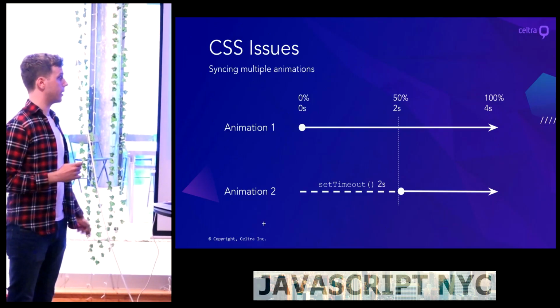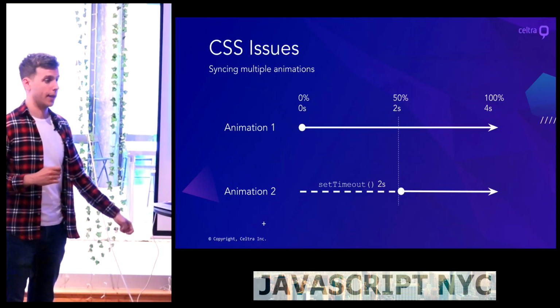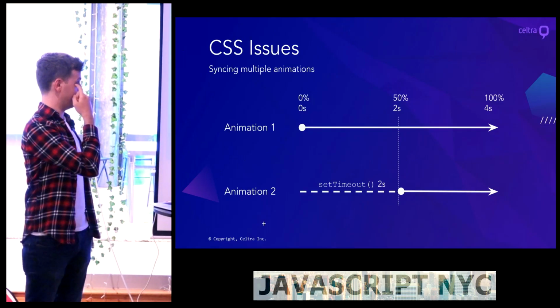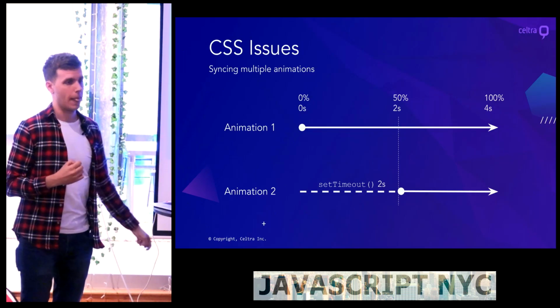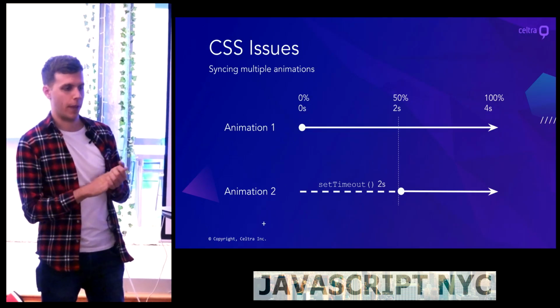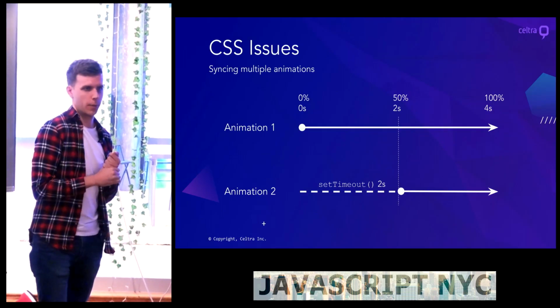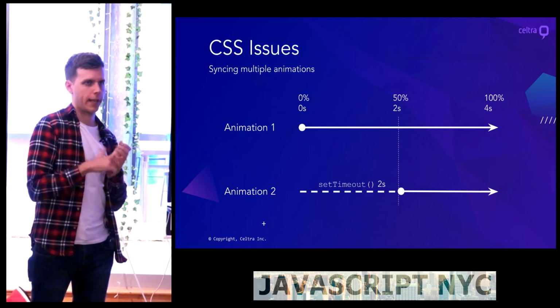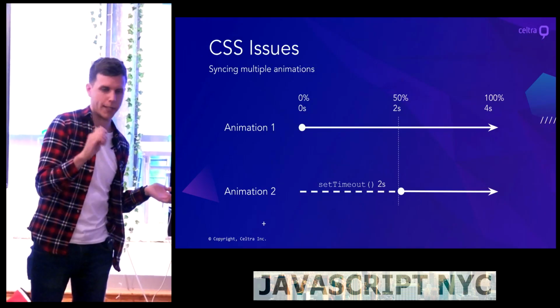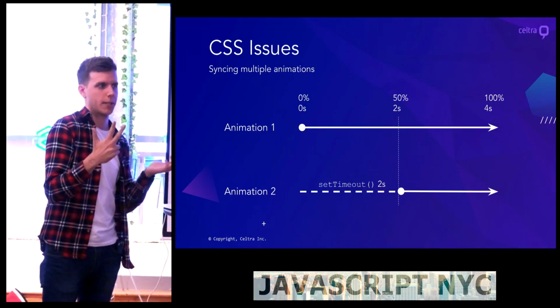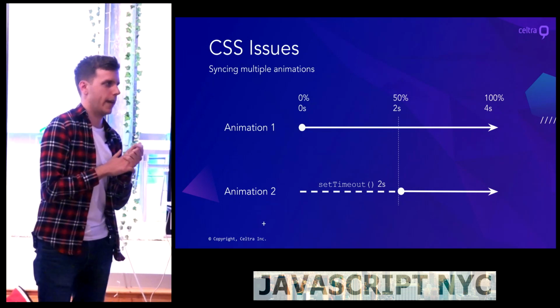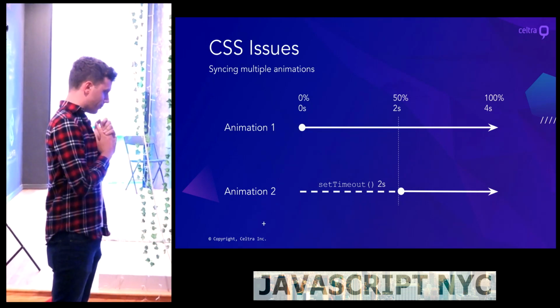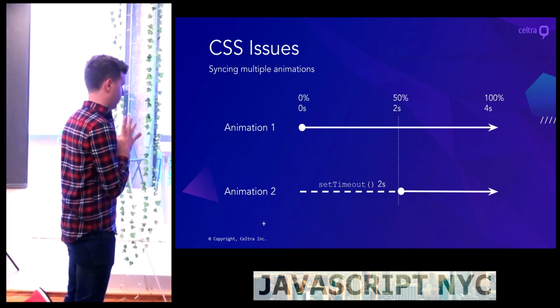We could solve this if we used Web Animations API, because we can query the current time, but the issue here is that Web Animations API isn't supported everywhere. It doesn't work on iOS Safari, it doesn't work on desktop Safari, it doesn't work on Internet Explorer, and of course, it doesn't work on Edge. So it's a bad idea for us.